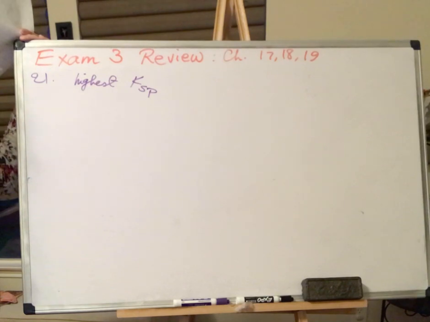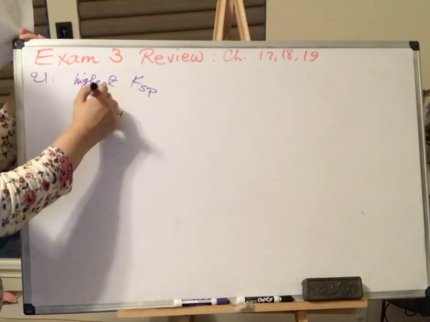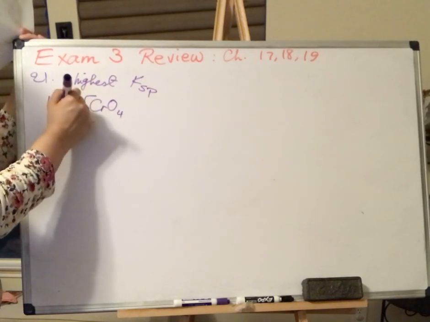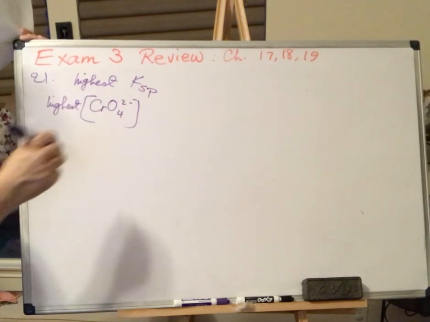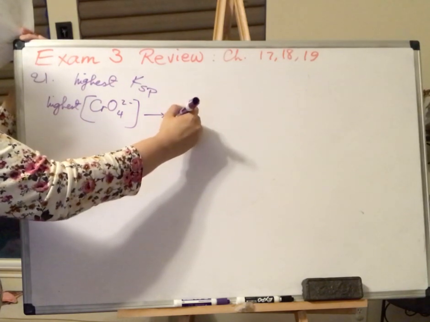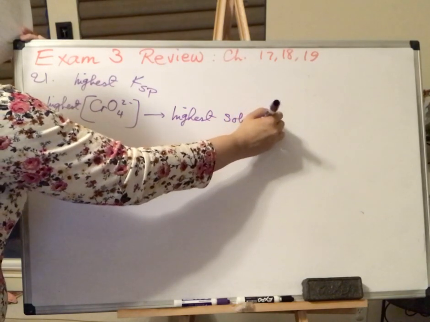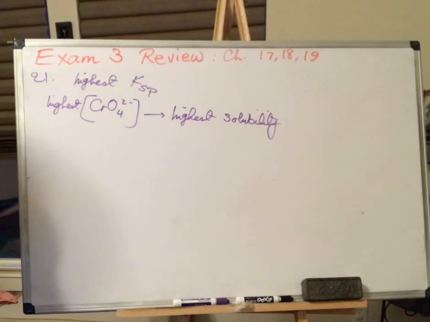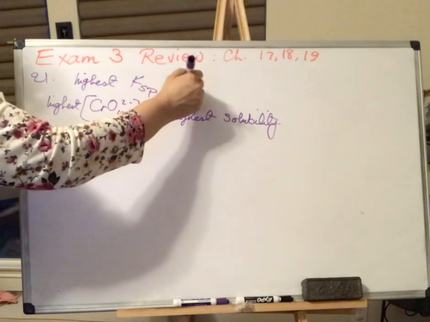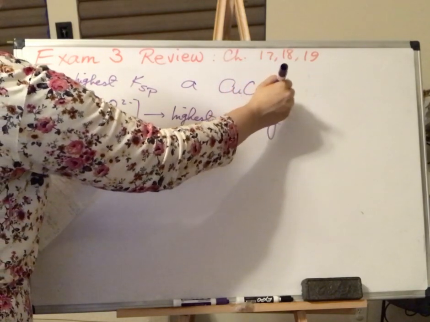When we have the highest molar concentration of chromate ion, CrO4, highest concentration of chromate ion means we have the highest solubility. So we need to look for the highest KSP. Which one has the highest KSP? The one that has the least negative exponent, and it would be A. CrO4.